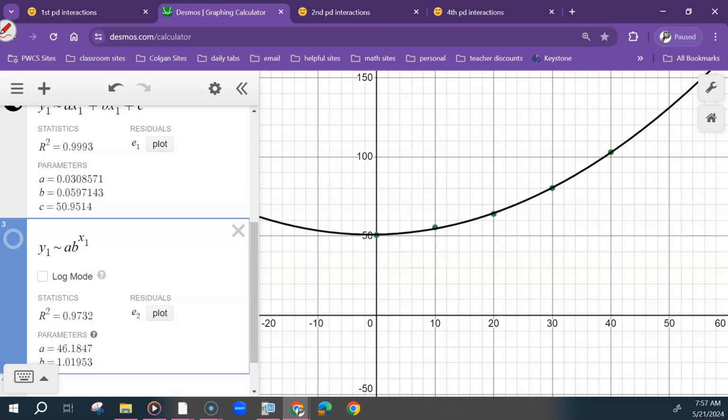The equation, we would use this. It doesn't say what to round to, so let's say 3 decimal places.